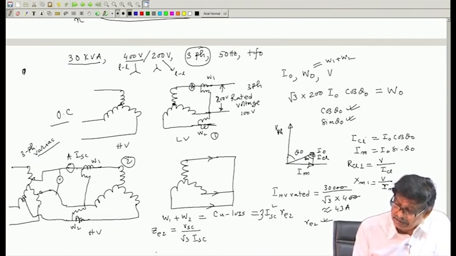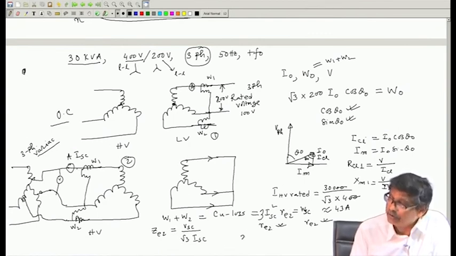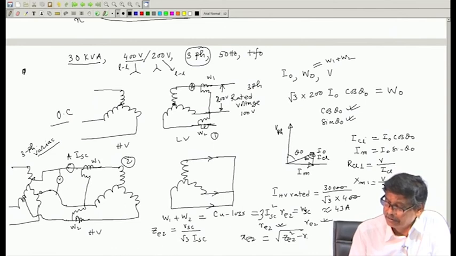Once you get that, RE2 is known from WSC. So, RE2 known, then XE2 can be separated, which is equal to root over Z E2 square minus RE2 square.